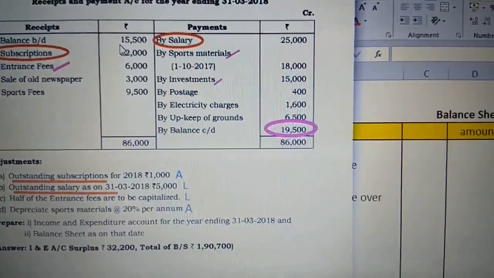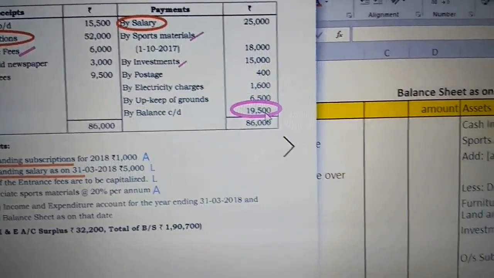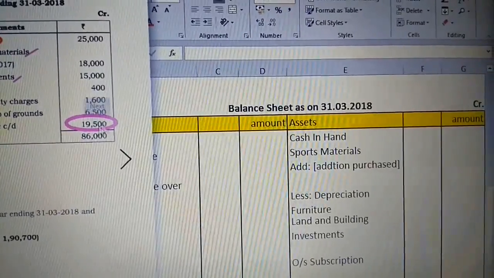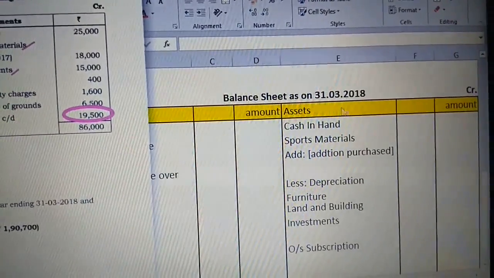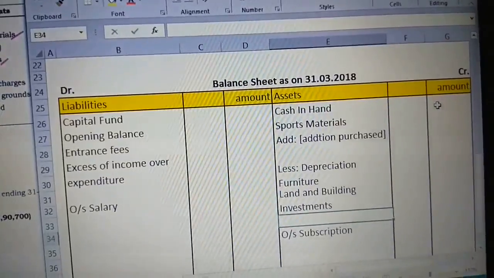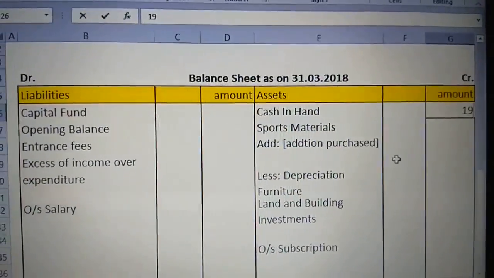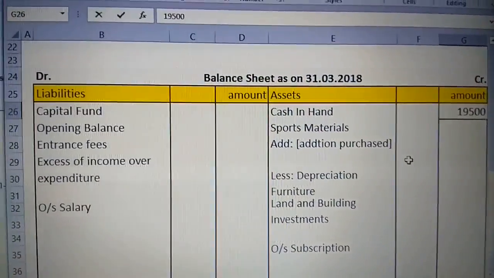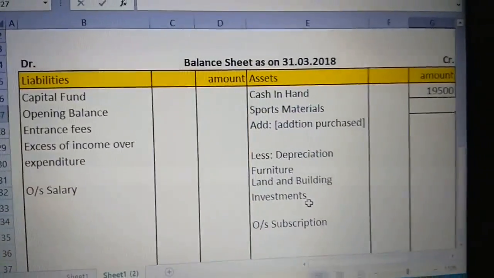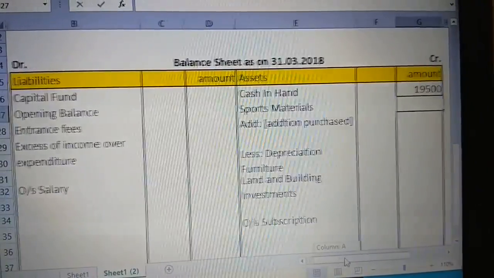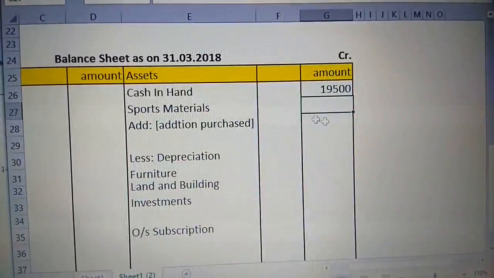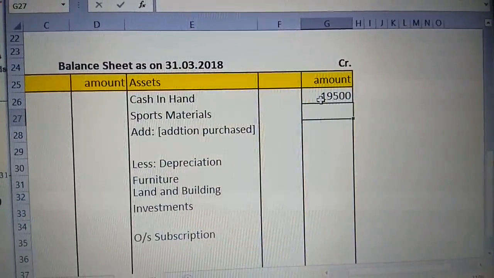So when they have taken, we have to take only the closing balance, so 19,500. I've circled it here. 19,500 is what I'm going to take directly in the amount column. So let us move on first towards your balance sheet side. Now just observe, cash in hand is 19,500.